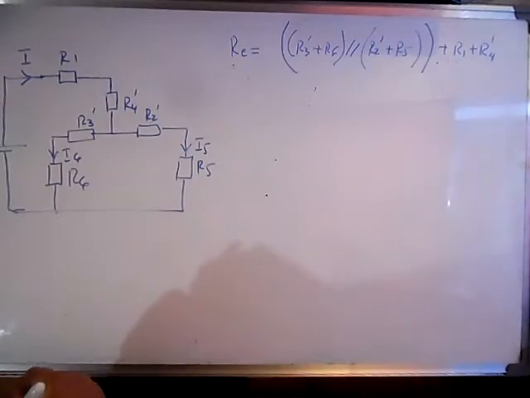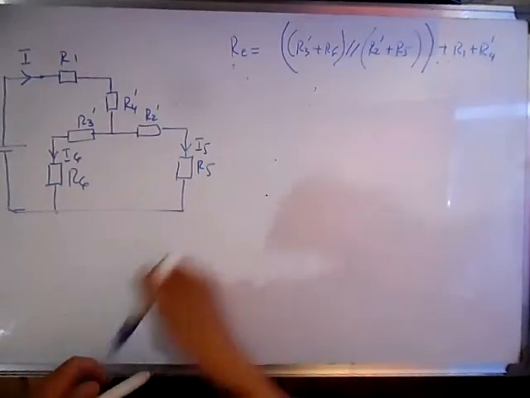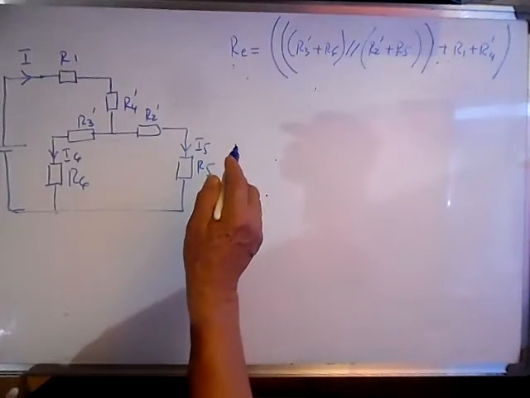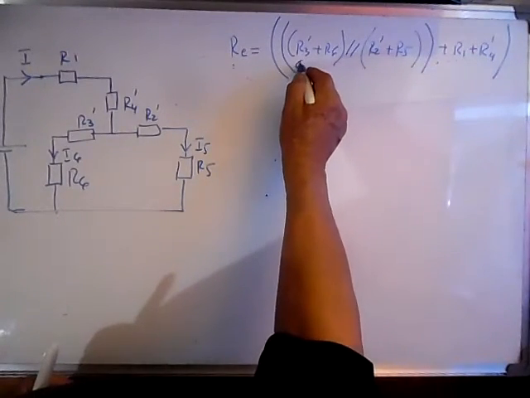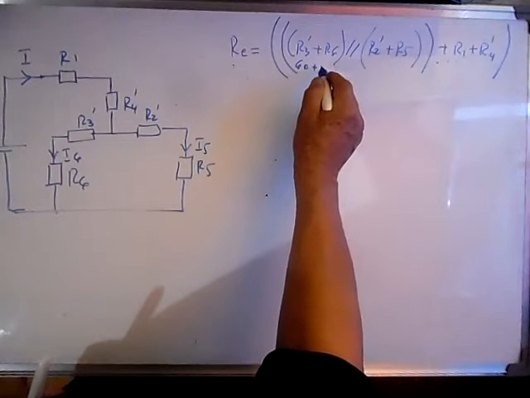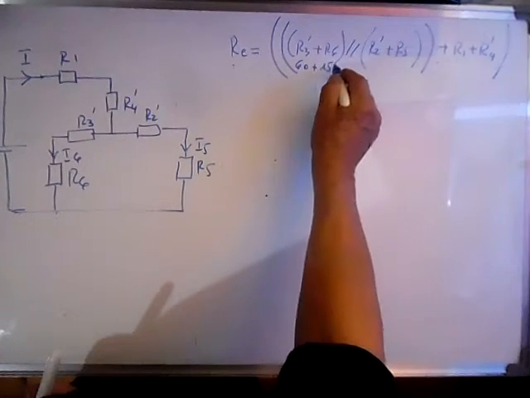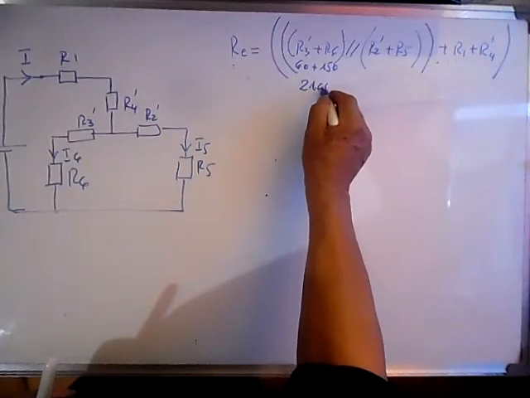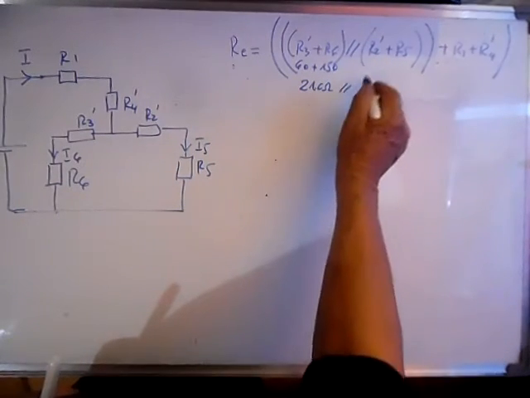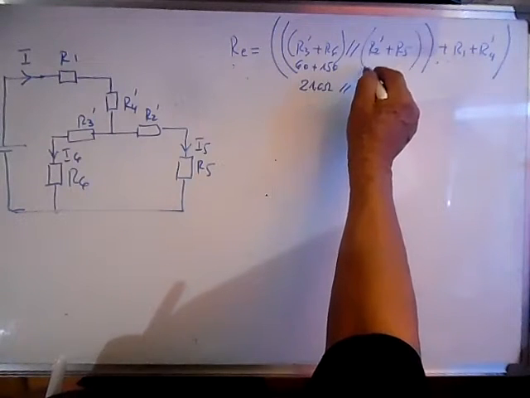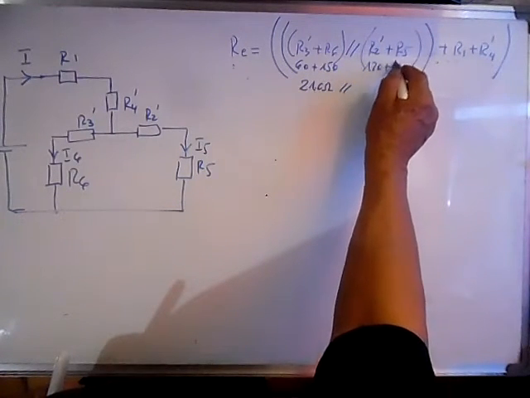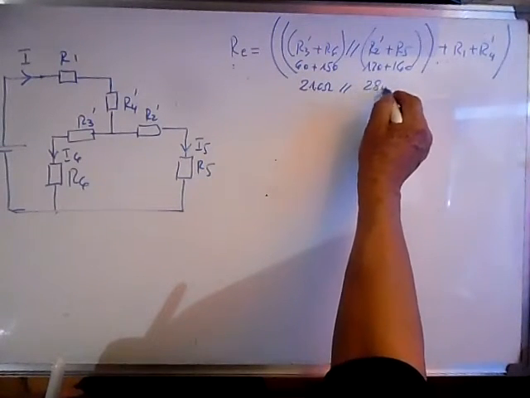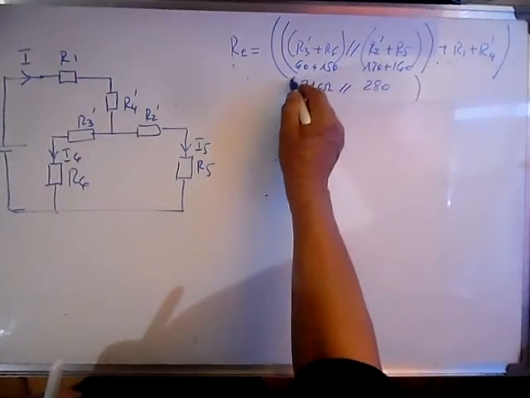Here it's 60 plus 150 ohms, so it gives us 210 ohms, in parallel with 120 plus 160, that will give us 280, and we can calculate this.